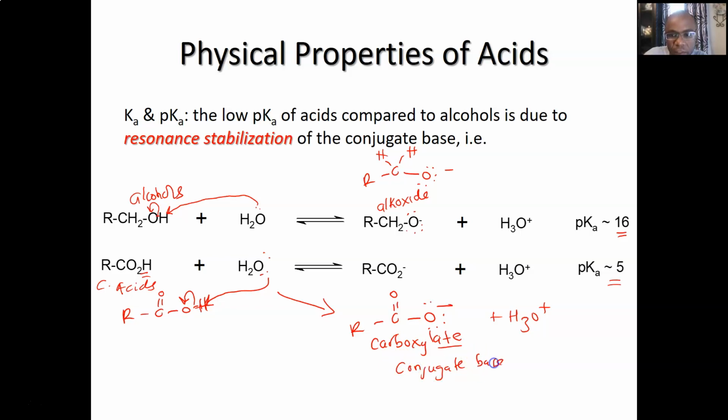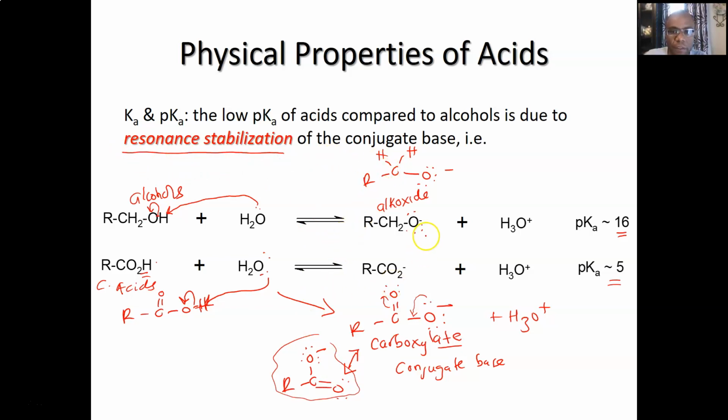The conjugate base is resonance stabilized because I can push an arrow here and that one there, and you get your resonance structure, where now the negative charge goes to the oxygen above. This was neutral, now it's negatively charged, and you make a double bond on the oxygen to the right. So the reason carboxylic acids are stronger acids than alcohols is because your conjugate base is resonance stabilized.